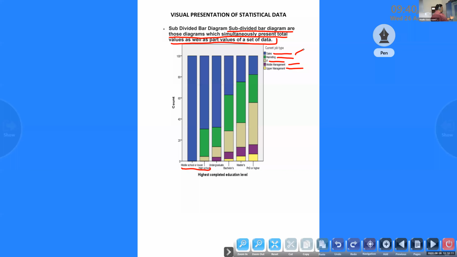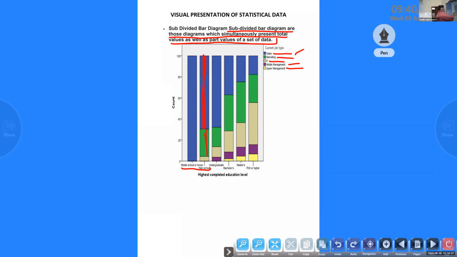Coming to the people who completed high school, we can see that out of 100, most of them are working in the sales department. The blue color indicates their number, and some of them are working in marketing.